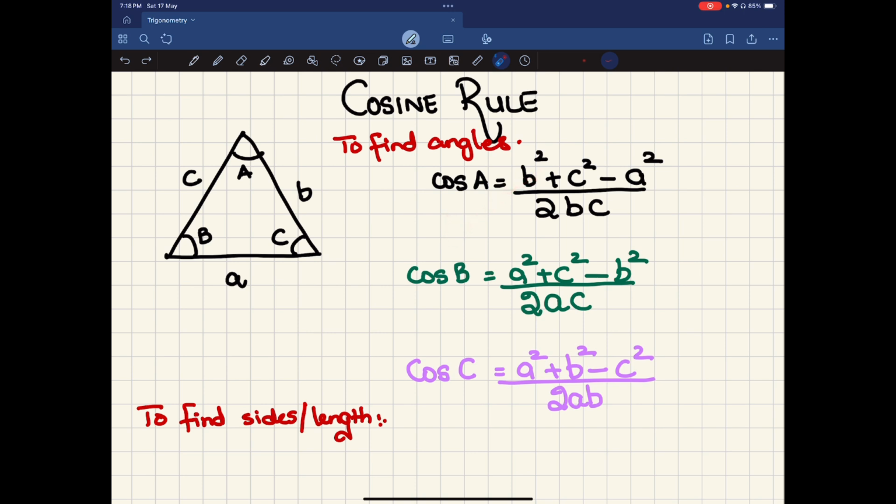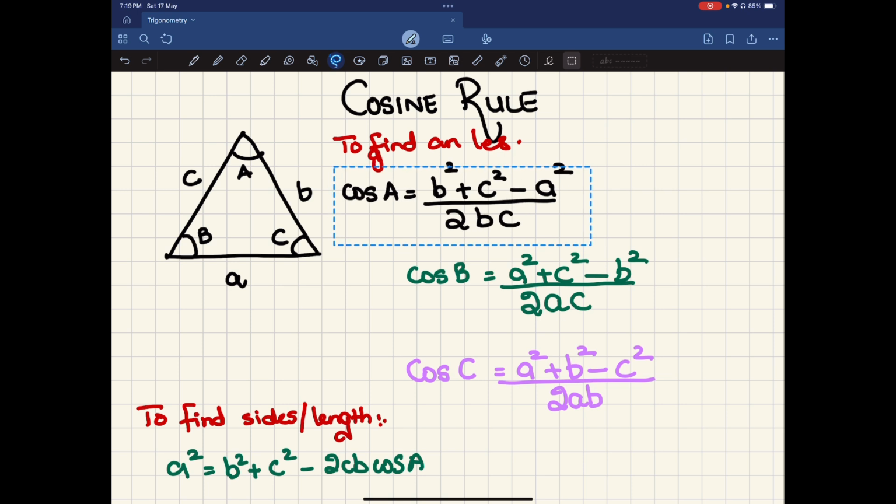So for example, imagine you have to find length a. The formula to find length a is a squared equals b squared plus c squared minus 2bc cos A. You can either memorize it or you can simply use this formula. It is just a manipulation of the earlier formula, and I will show it to you right now.